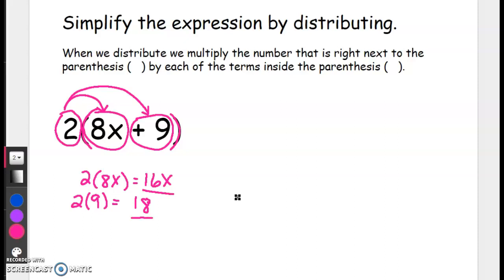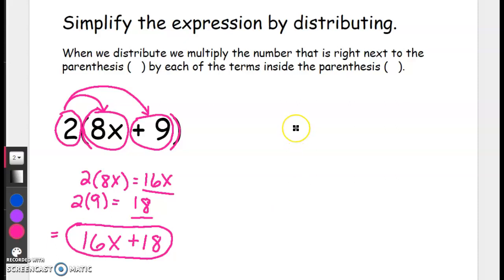So we just have to write them down just like they are. So 16x plus 18. Okay, that's the first one. So you can see we simplified from having 3 different numbers in here to now having 2 different numbers. Okay, so let's go to the next one.